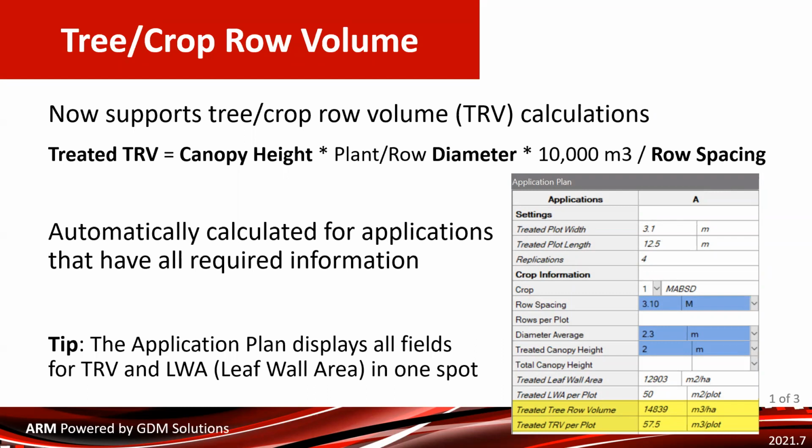How tall is it and how wide around is it? Because really that canopy volume is what you care about. So we added support to be able to calculate that in ARM. I think we had all the fields already to create this calculation, so now we just added the calculation itself.